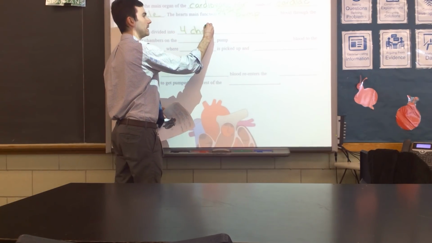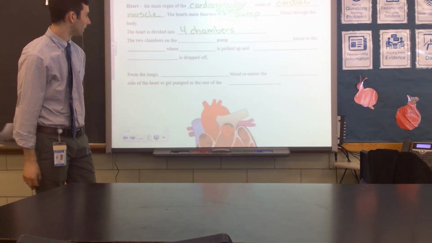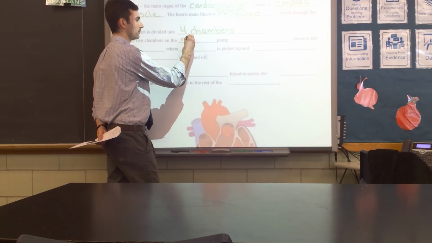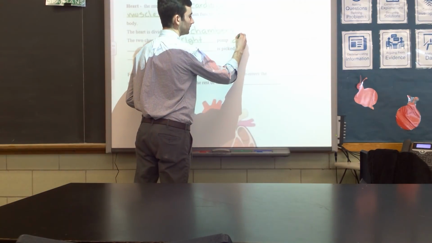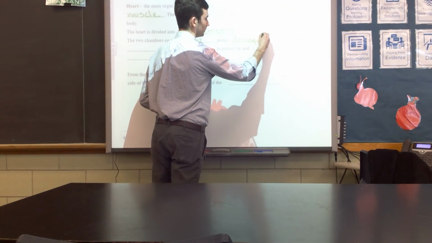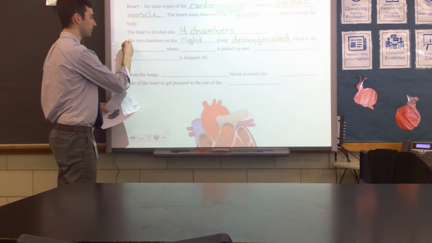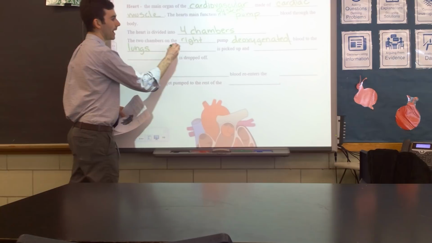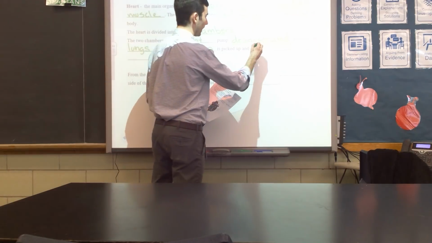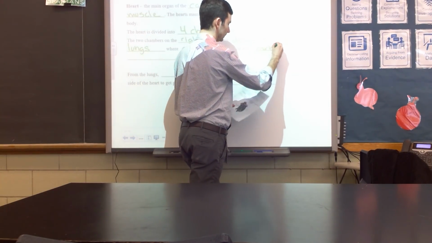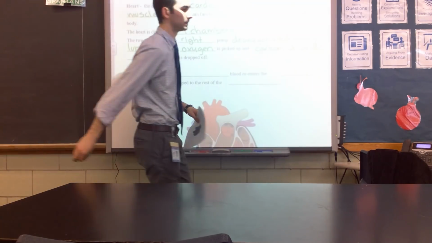The heart is divided into 4 chambers. The 2 chambers on the right are going to pump deoxygenated blood to the lungs, where oxygen is picked up and carbon dioxide is released.